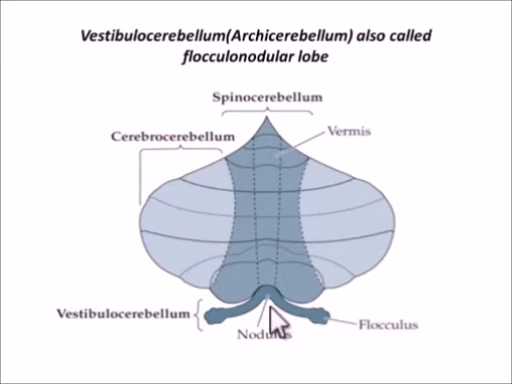The nodulus area is in alignment with the vermis, and we know that the vermis contains the fastigial nucleus. Therefore, the vestibulocerebellum is mainly associated with the fastigial nucleus.